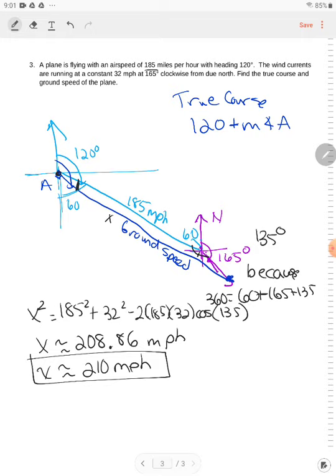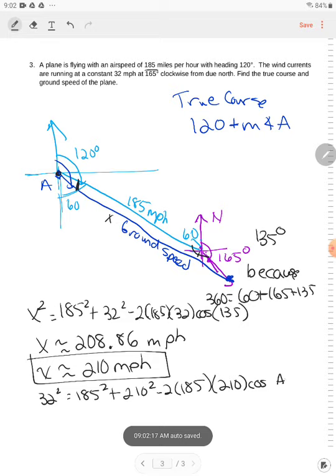So we're going to use the side opposite of angle A. So 32 squared is equal to 185 squared plus 210 squared minus 2 times 185 times 210 cosine of A, which we don't know yet. So, using our graphing calculator and solving, A is approximately 6 degrees. Actually, I think we're going to get 7. I was trying to look at my previous notes. Let me do the math here.